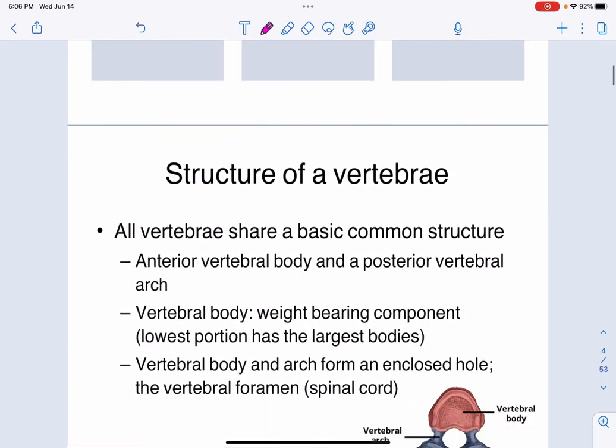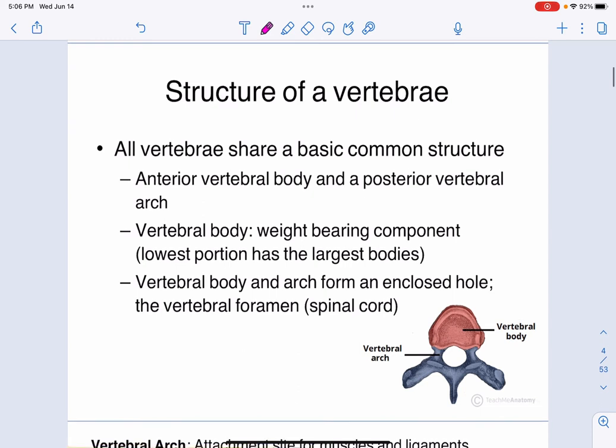All right, before we start talking about the different types of vertebrae, I want to go over a typical structure of the vertebrae and go over the components that you're going to see.